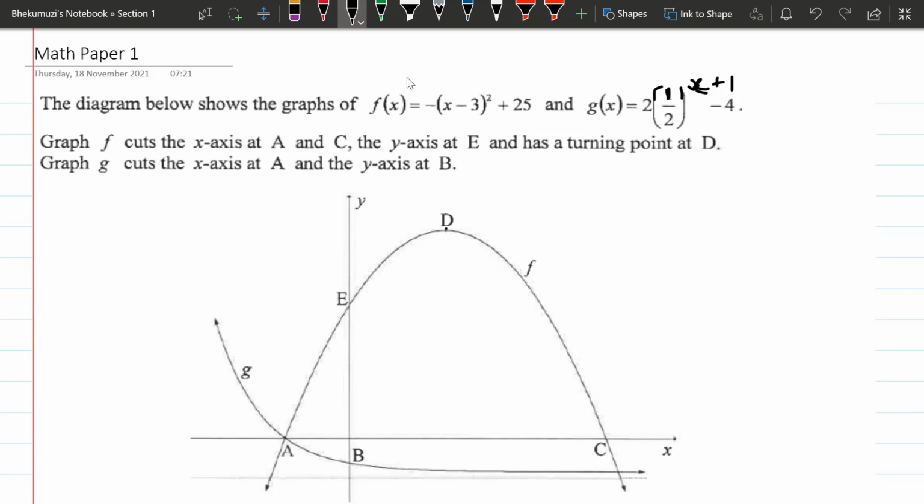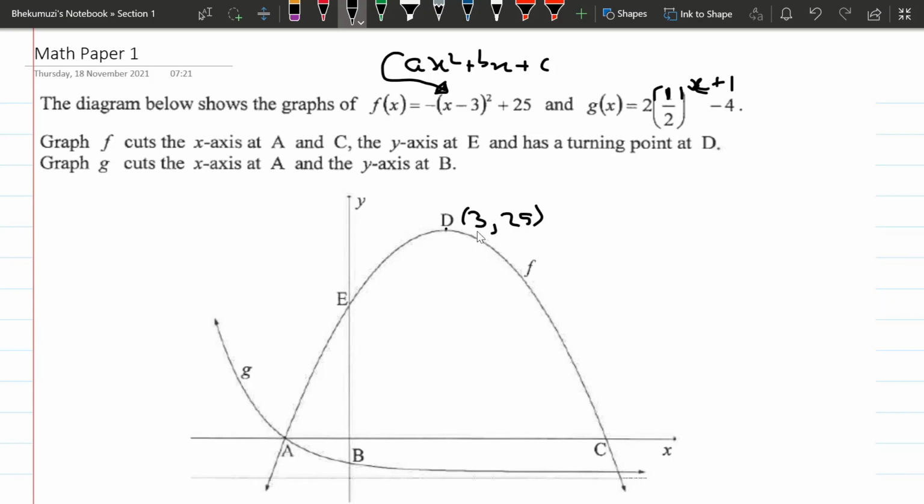If it was in the form a x squared plus bx plus c, when we complete the square, we find that it would give us a form of this nature. But this form actually tells us everything we need to know about the turning point, being that this has to be (3; 25). So D is (3; 25).